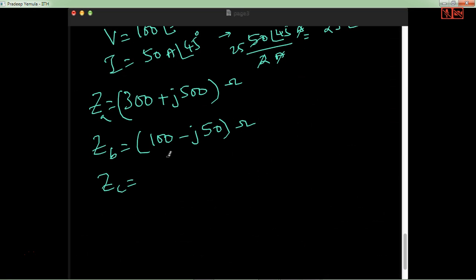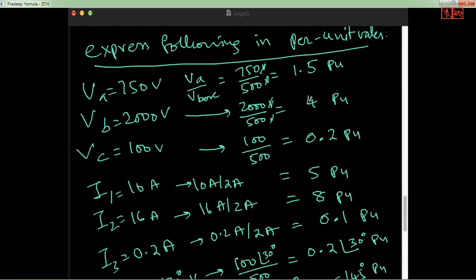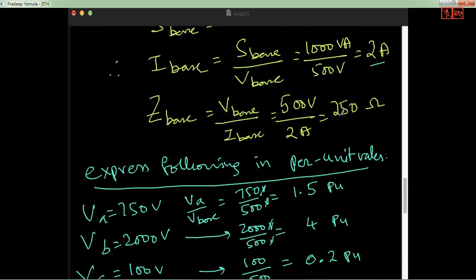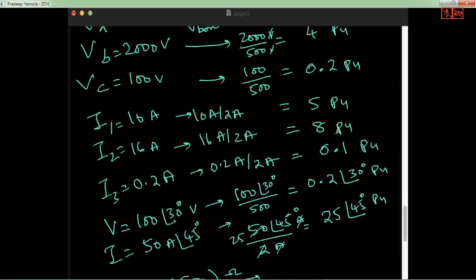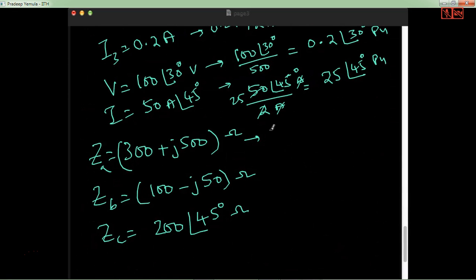Similarly, ZC, instead of giving it in the resistance and reactance form, I'll give 200 at an angle of 45 degrees ohms. So how do you convert these quantities into per unit? So simply divide by the base impedance. So what is our base impedance? Again, if I go to my per unit system, the base impedance is 250 ohms. So simply divide by 250.